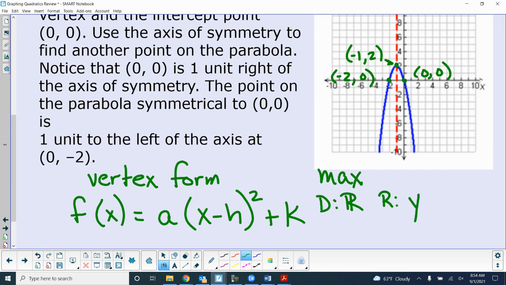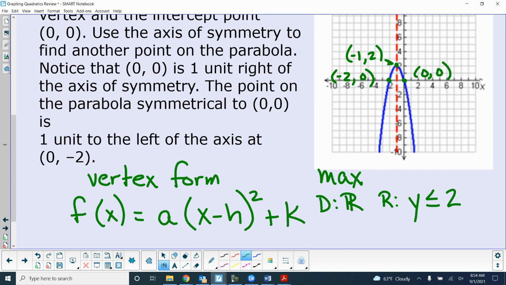Since it's a max, is y greater than or equal to, or less than or equal to? Since it's a max. Less than, right? Everything below it. And it's whatever your y value is of your vertex. Okay?